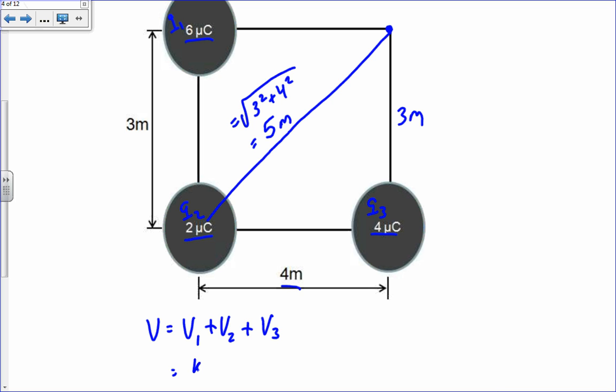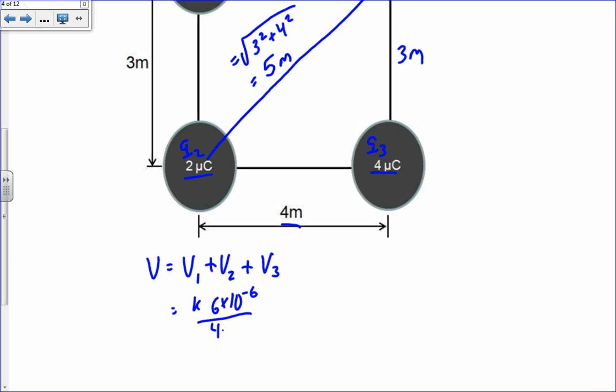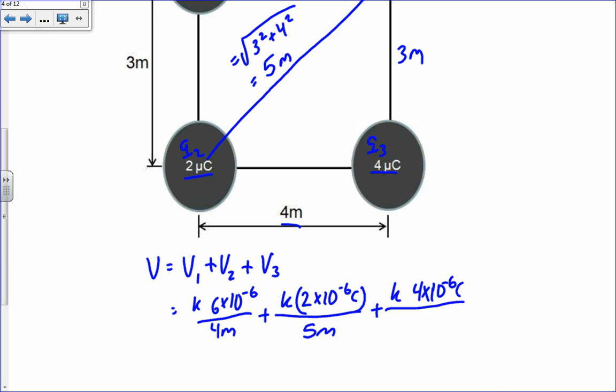So V1 is going to be K times Q1, which is 6 times 10 to the minus 6, all over R, which is 4 meters. That's this distance. Plus K times Q2, which is 2 times 10 to the minus 6 coulombs, divided by 5 meters, which we found from the Pythagorean theorem, plus K times 4 times 10 to the minus 6 coulombs over 3 meters.